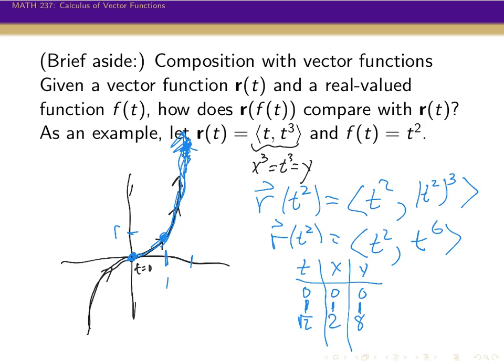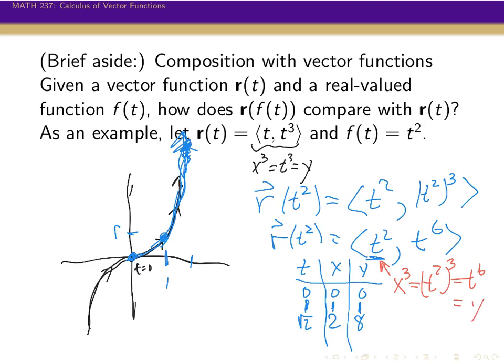Because the x component is squared, I'm always going to land on the positive side of this curve, to the right of the origin. And how do I know I'm always going to land on the curve? Well, I still have this property that if I take the x component here and cube it, I'd still have t squared cubed, which is t to the 6th, which is y.